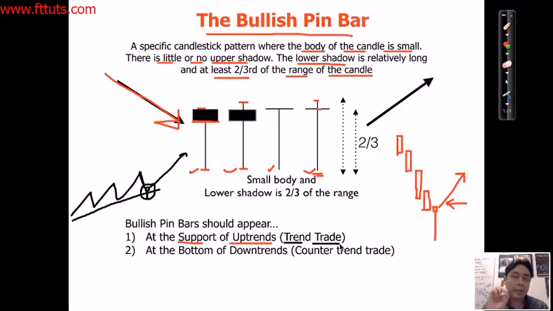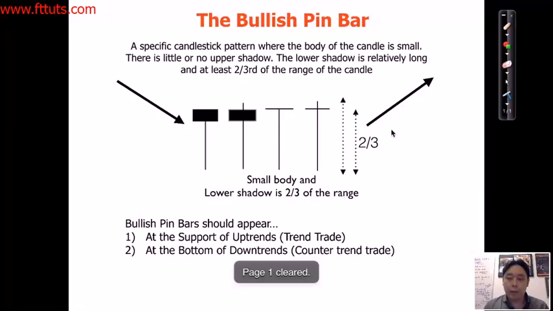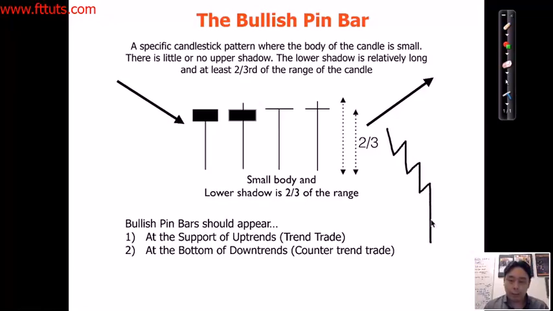At the same time, this pattern could also appear at the bottom of downtrends when the price is oversold, right? So an example would be the price is on a downtrend like so, okay, on a downtrend, and then it goes through a sudden plunge over here. And right at the bottom of the plunge, that's right, we see a bullish pin bar, okay?